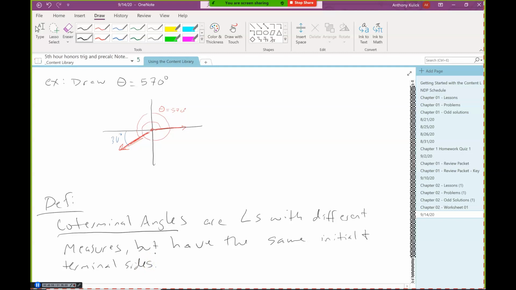So coterminal angles are angles with different measures, but the same initial and terminal sides.